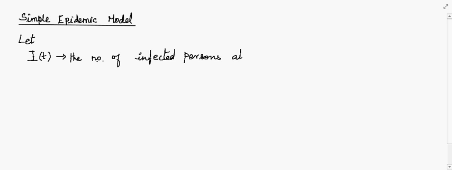Okay, so for this model I am going to assume two quantities. One is I of t, which denotes the number of infected persons at time t.